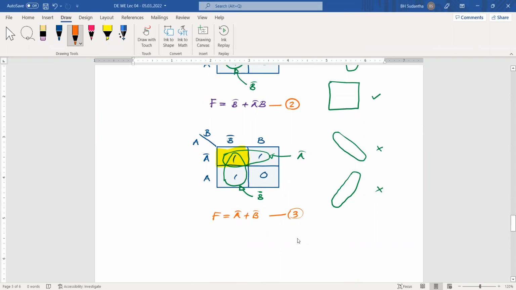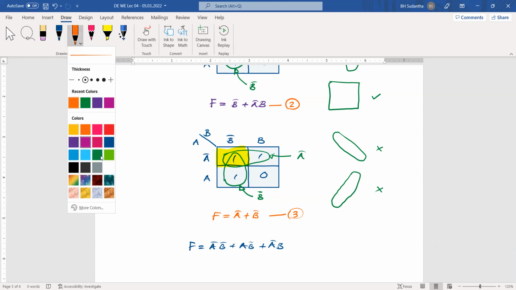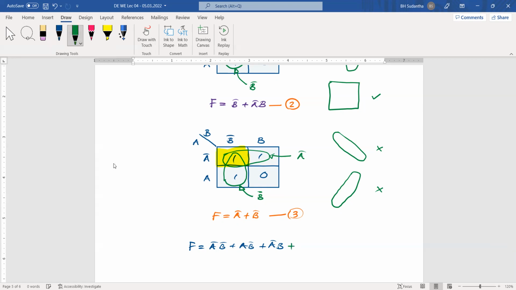Okay, actually what we have done here, this is our equation: F equals A bar B bar, A B bar, and A bar B. But here, to cover this one twice, we have assumed that in our equation, we have this A bar B bar term two times.